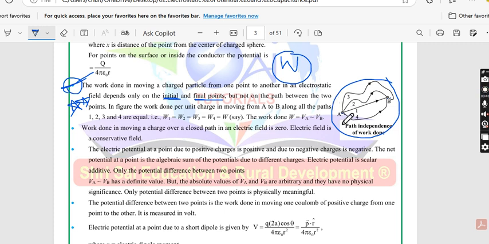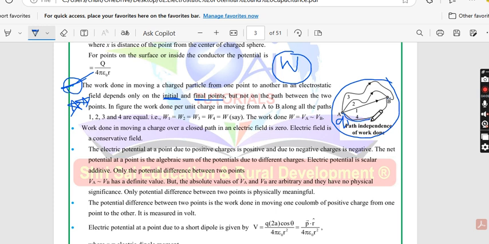So suppose the charge q1 is moving from point A to B. It depends only on the initial point. What is the initial point? Point A.